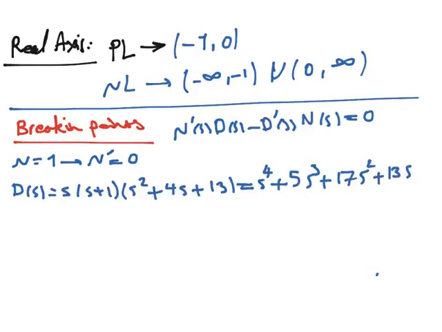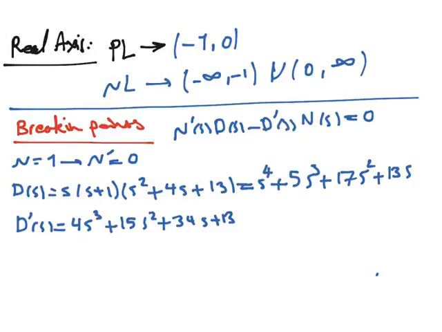And by deriving it, we will have d prime equal to 4s^3 plus 15s^2 plus 34s plus 13.